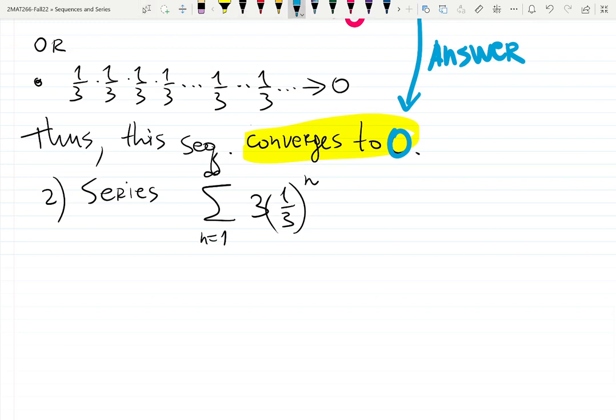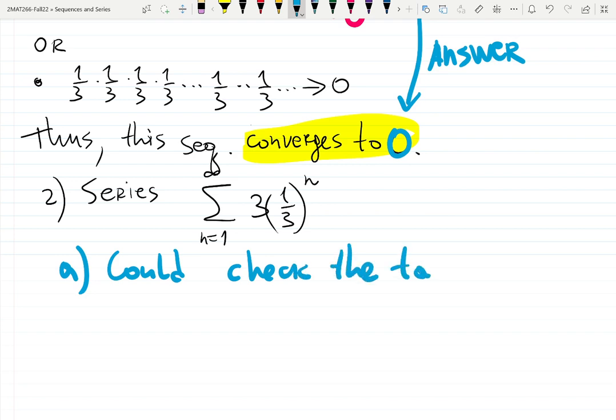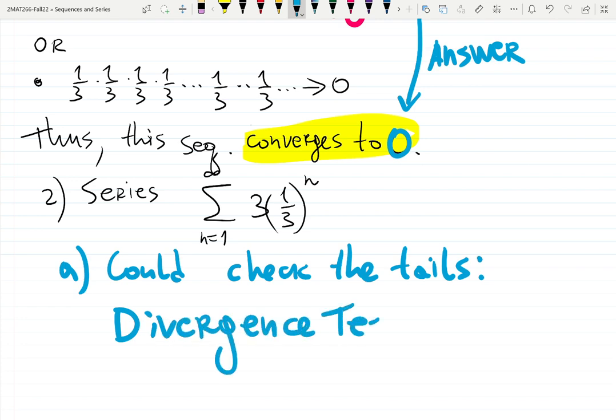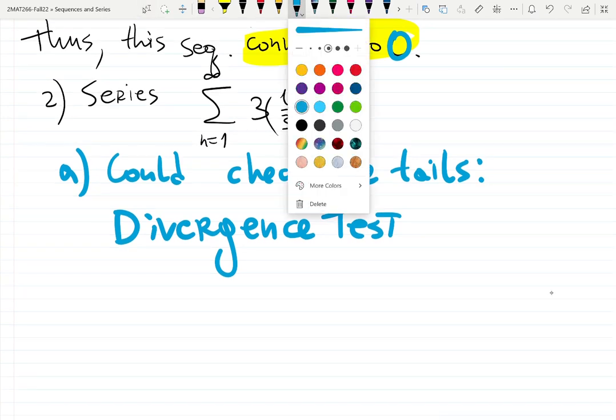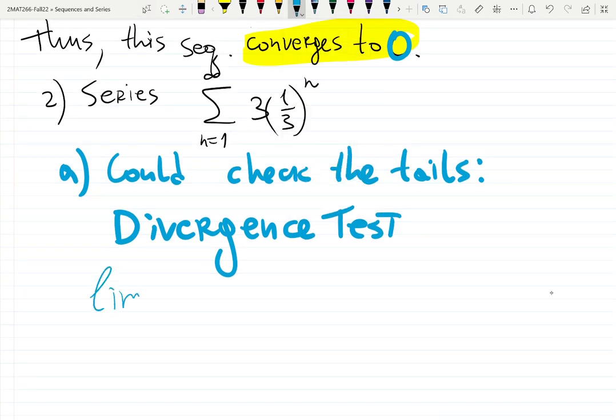Let's see. A, we could check the tails. The tails, which is the divergence test. We are checking the limit of 3 times 1 over 3 to the n, as n goes to infinity.